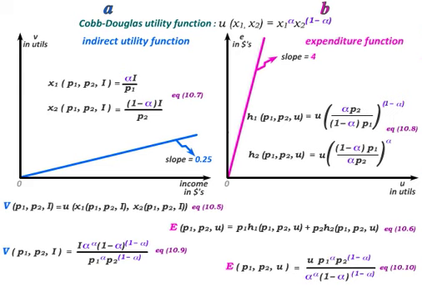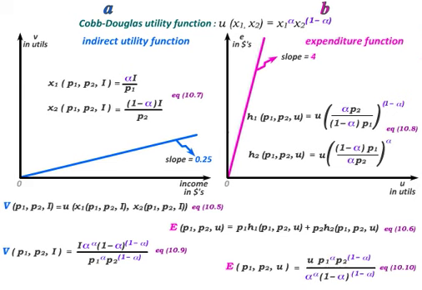In panel A we measure the vertical axis in utility terms, as we do for the horizontal axis in panel B. You can furthermore see how this works by simply inverting the V function in equation 10.9 by solving for I to get the expenditure function that's given in equation 10.10.